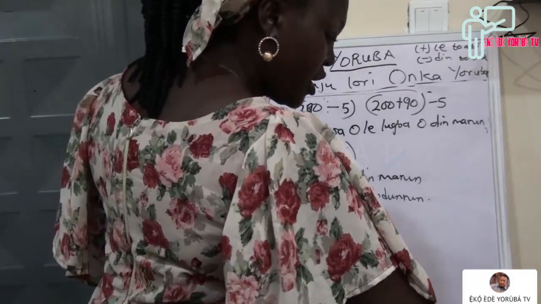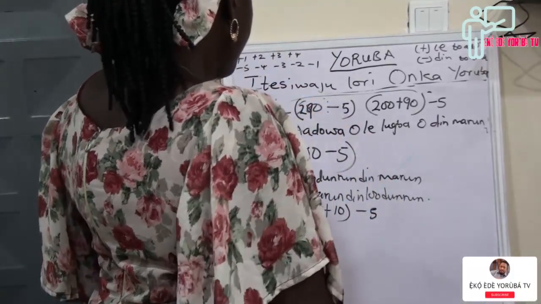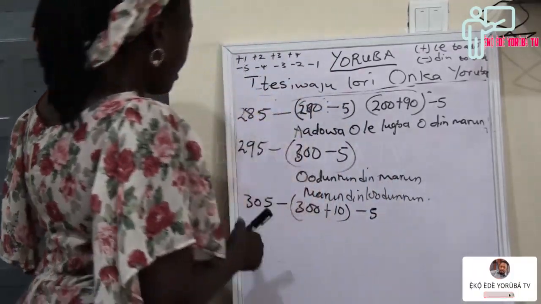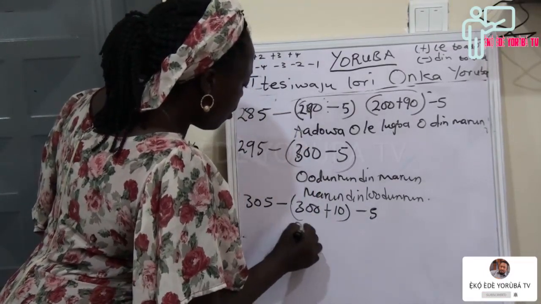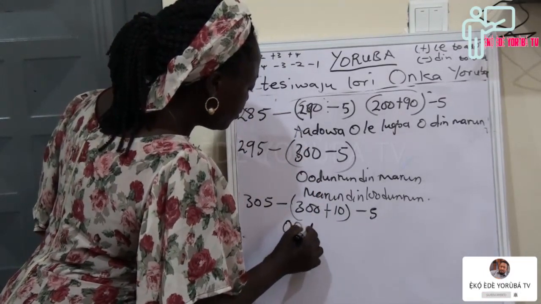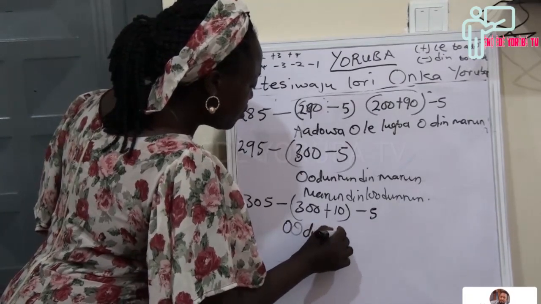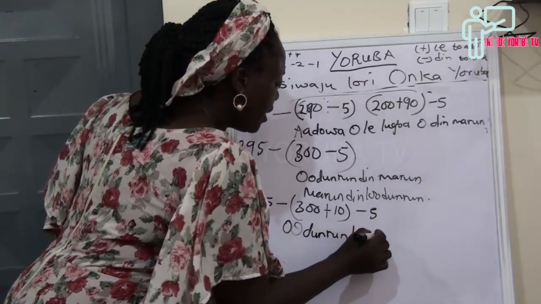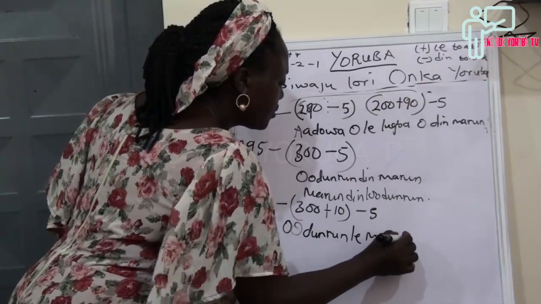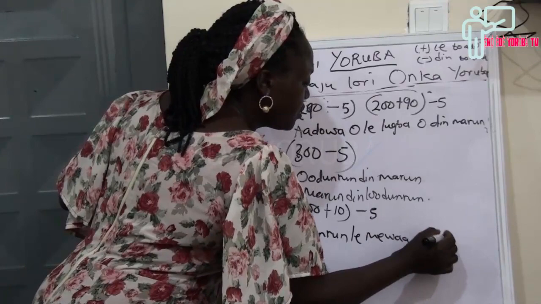So márùnlé, we say ọdún lé mẹ́wàá ó dín márùn. Ọdún lé mẹ́wàá ó dín márùn.